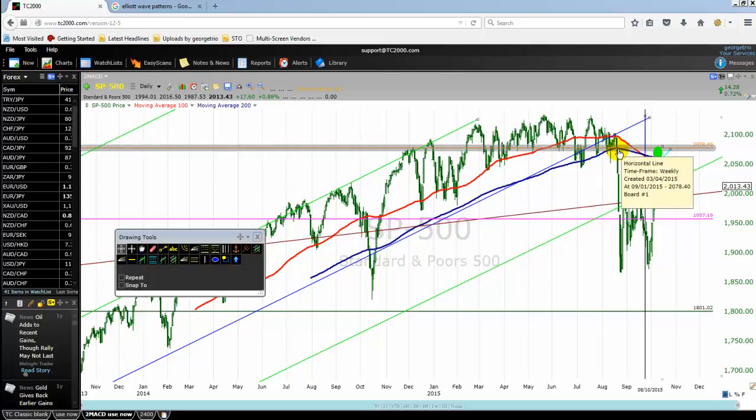The opposite is also true in a downtrend. In a normal downtrend, the moving average 200 will be suppressing the price, so in fact it's a dynamic resistance.